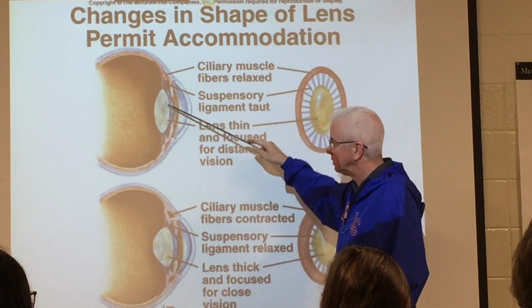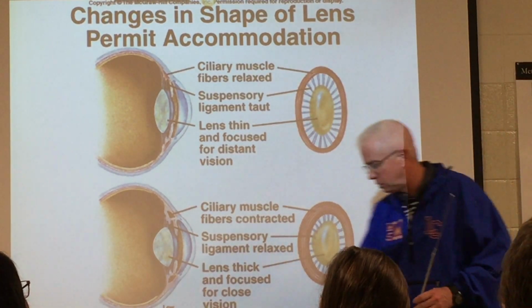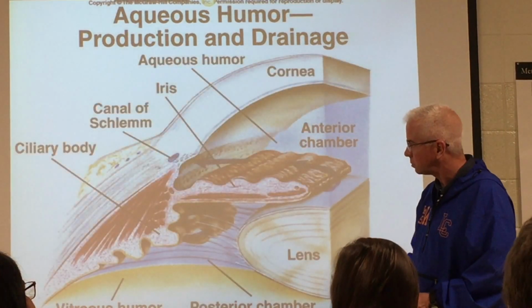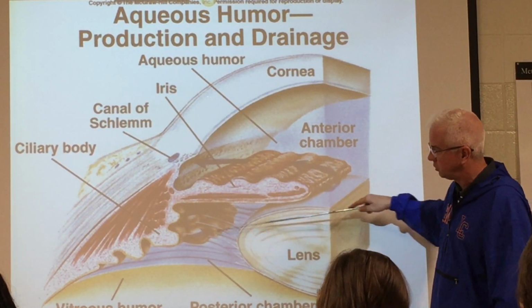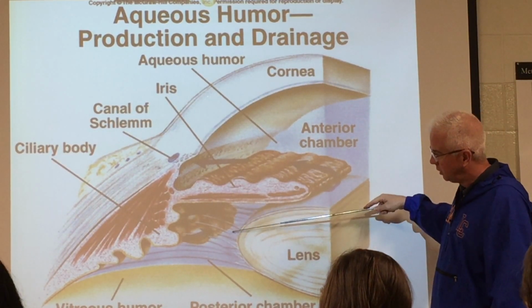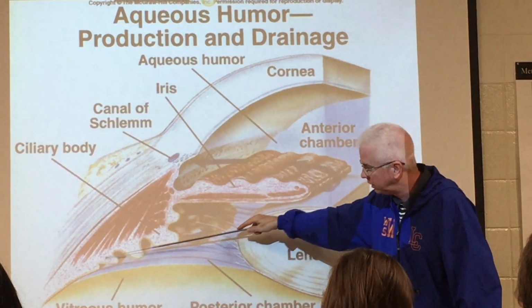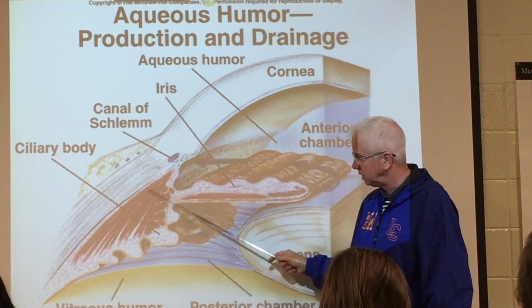All right, so the lens has to, okay, so what does it do? The lens is attached, as you saw in this picture, by way of what are oftentimes referred to as zonular fibers or suspensory ligaments. You can see these are attached over here to the ciliary process. And notice that there is muscle here.